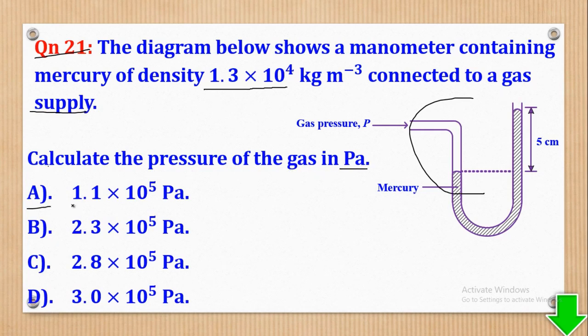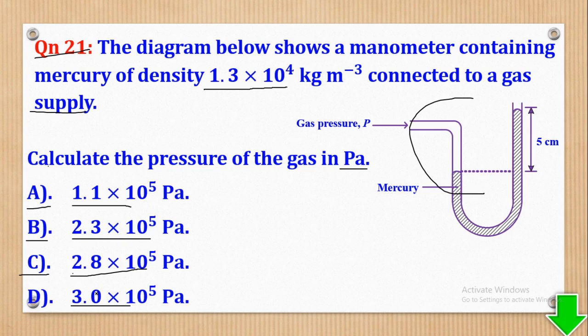Option A, 1.1 exponent 5 pascals. Option B, 2.3 exponent 5 pascals. Option C, 2.8 exponent 5 pascals, and option D, 3.0 exponent 5 pascals.